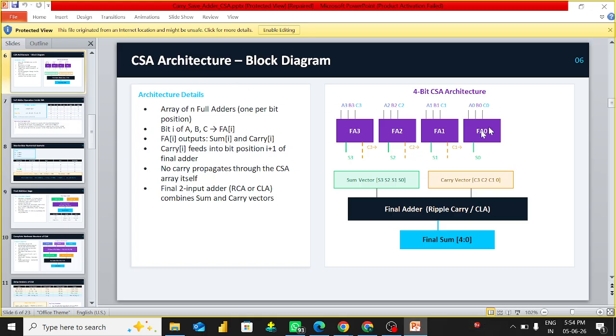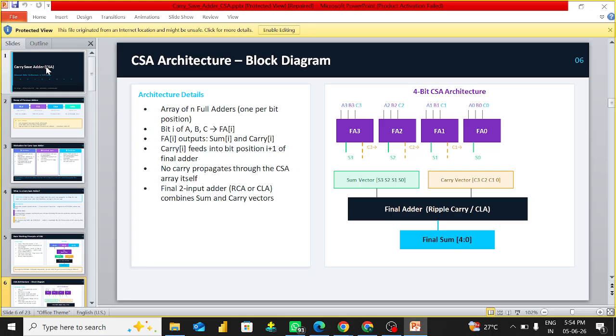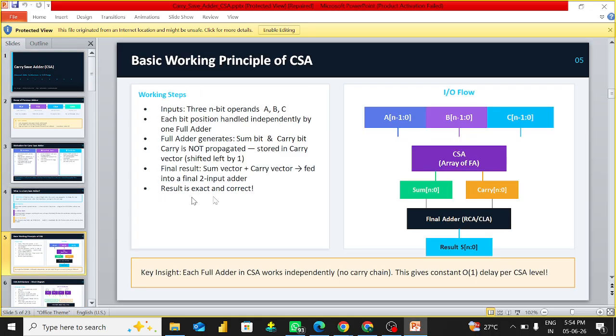See here, A0, B0, C0 will be handled by FA0, and A1, B1, C1 will be handled by FA1, and like this it's going to work. So every full adder, like the first full adder which is handling A0, B0, and C0, is going to generate two bits.